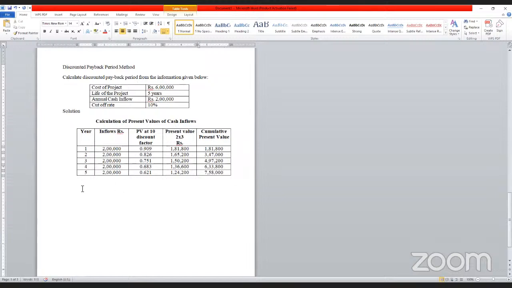So here, if you see the cost of project, it is around 6 lakhs, right? Here we'll write a point.